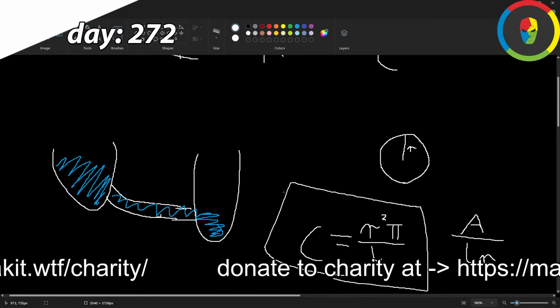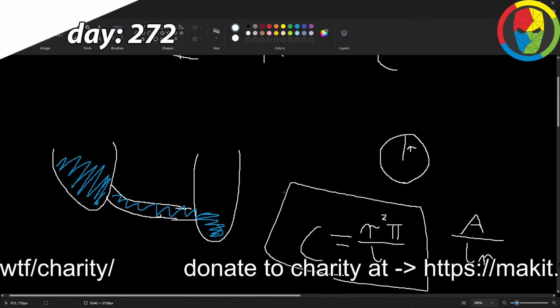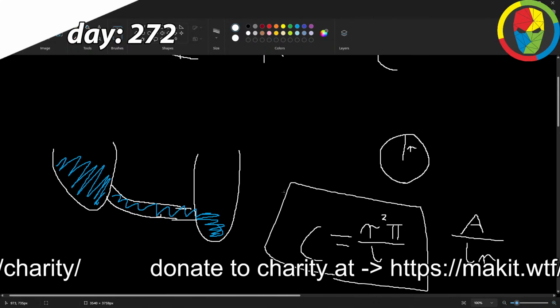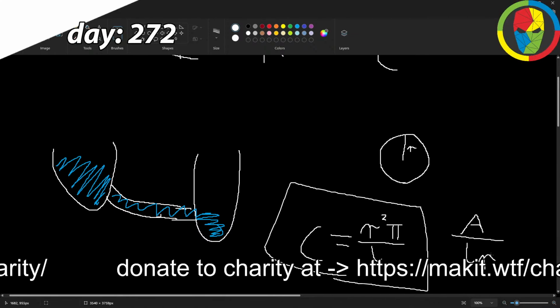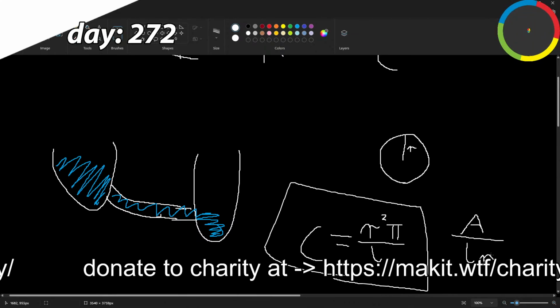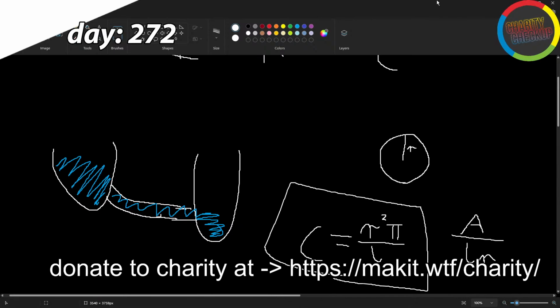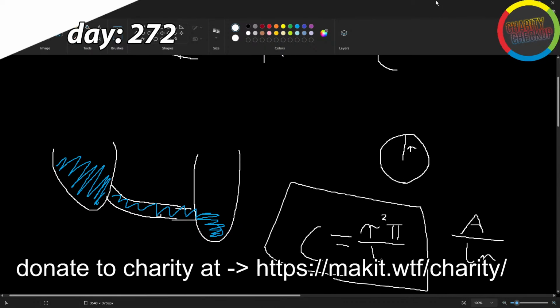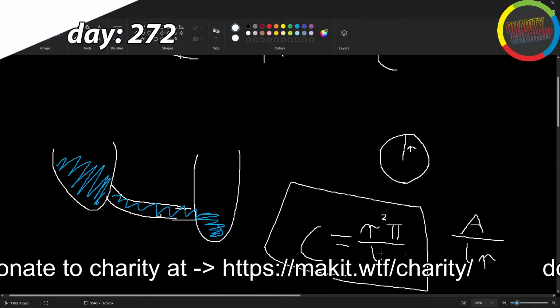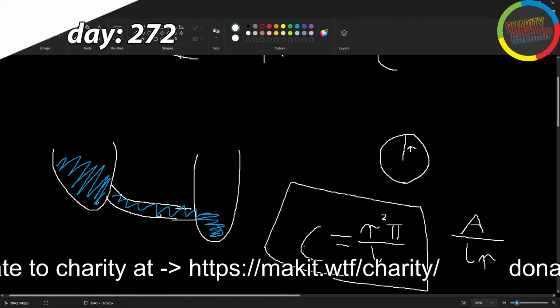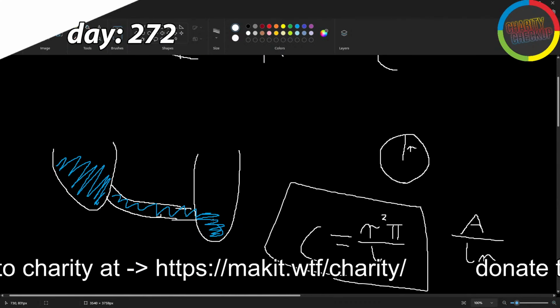The longer the thing, the more friction happens, so the less water goes through. And just like that, we get conductivity, right? So conductivity is the amount that water will go through.